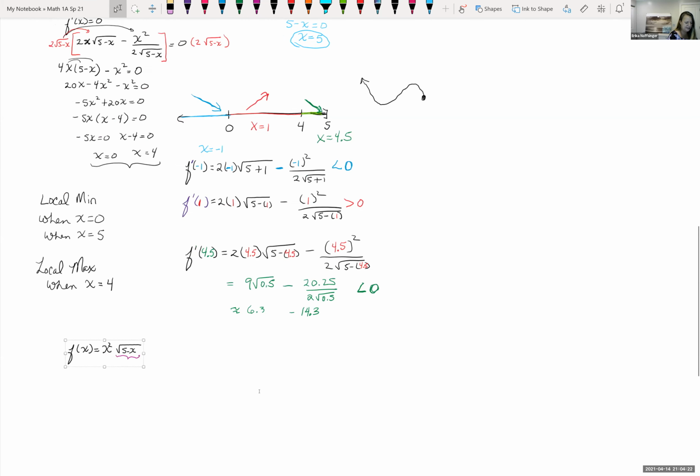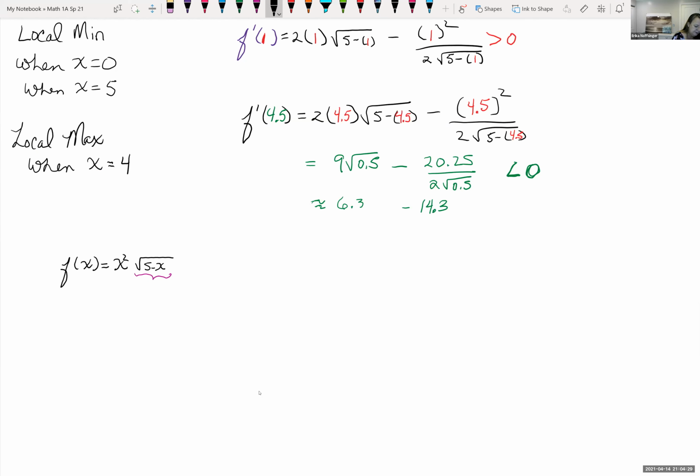So if we plug in 0, f of 0, I can see I automatically get 0 back. 0 times anything is 0. So we have a min, x equals 0, min is 0.